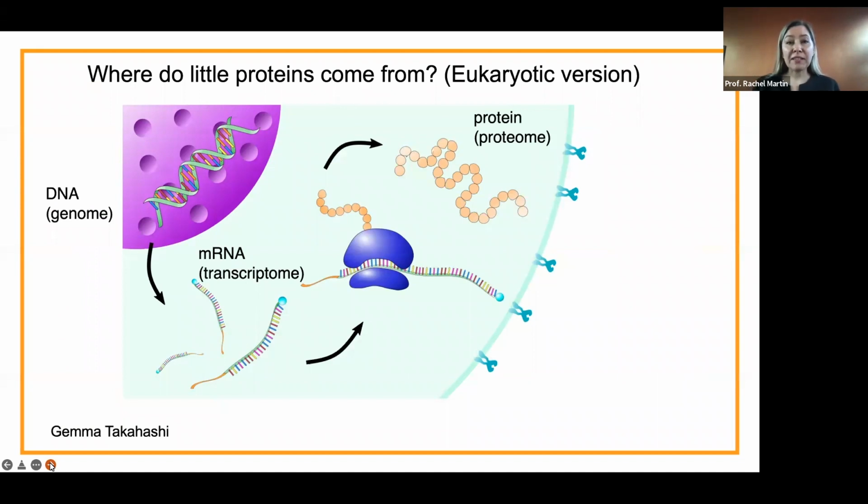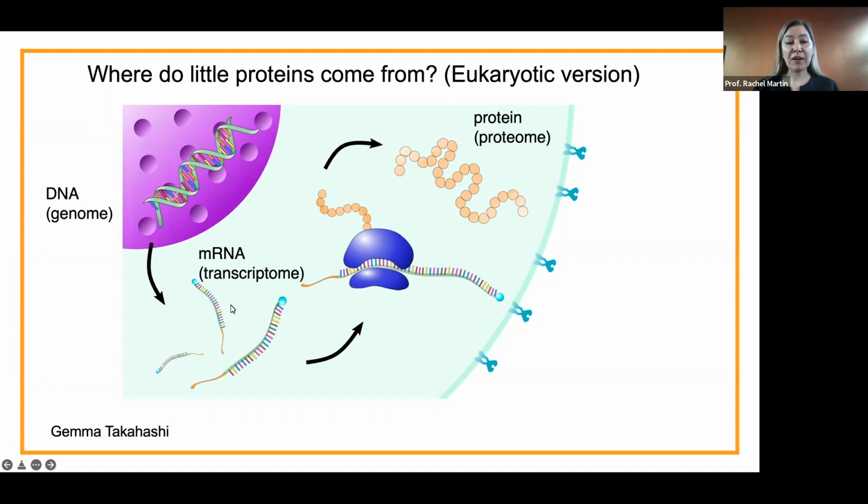Okay, so let's talk about where little proteins come from. That's the background that we need to get started talking about how to choose protein systems from genome or transcriptome data. In a eukaryote, the source code of the organism is in the DNA. That's all locked up in the nucleus, and all the DNA replication and also the transcription, which takes it to RNA, happens in the nucleus.